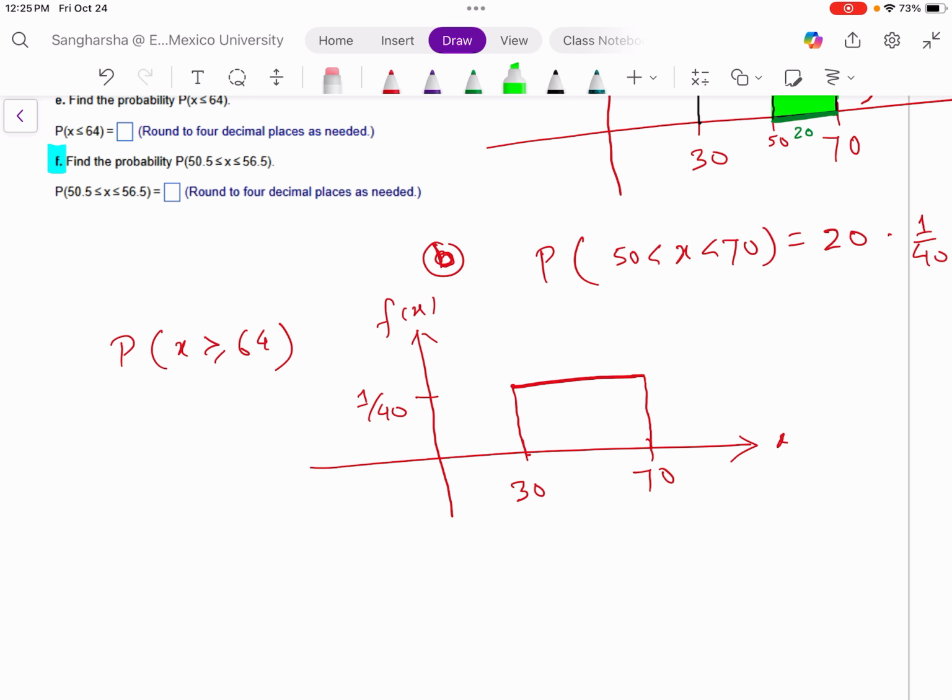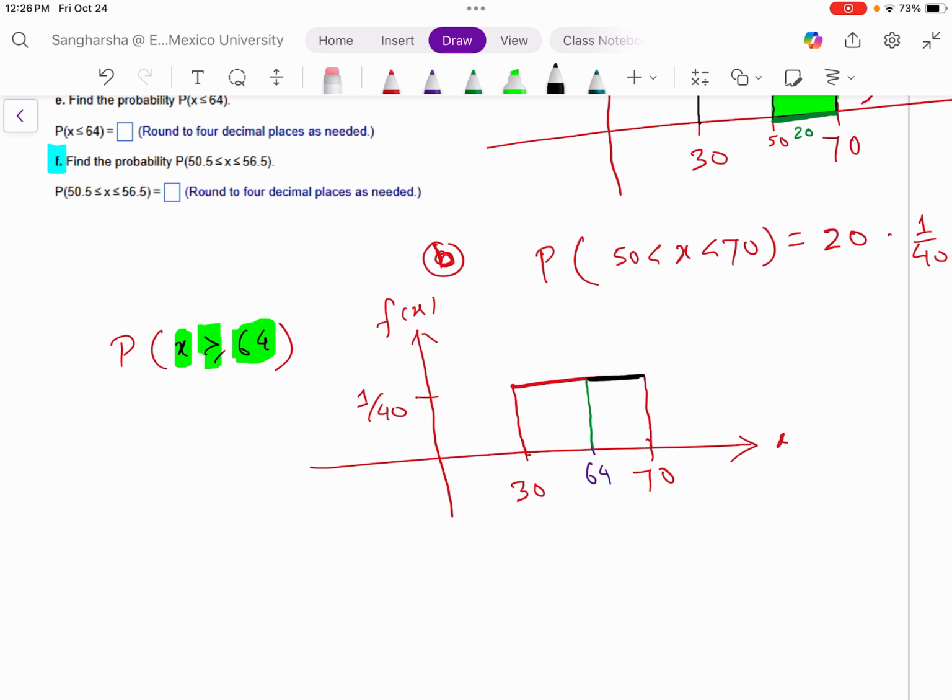Now in part C, we want to find the probability that x is greater than or equal to 64. So let's look at 64. Let's say our 64 is here, and draw a vertical line at 64. Greater than 64 means the graph to the right of 64.